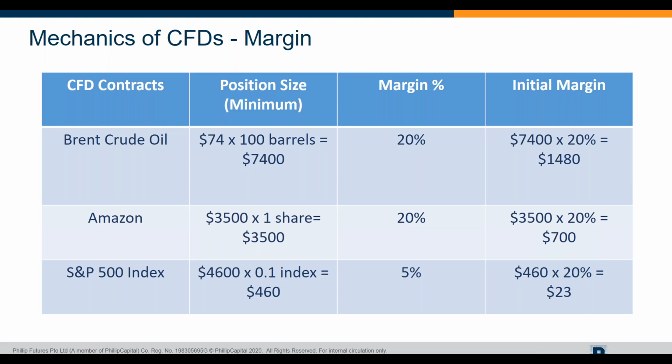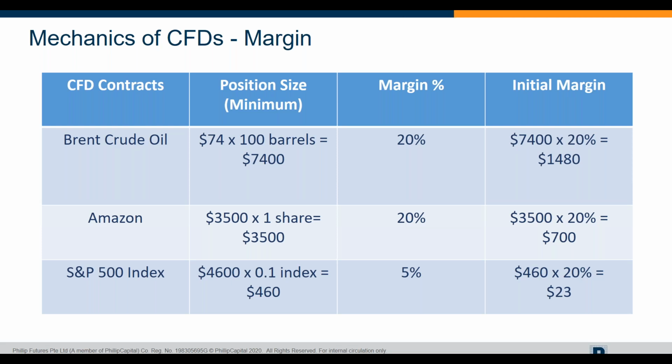But to start trading, we do not need an upfront payment of $7,400. All we need to put up front is only 20% of it. Taking 20% of 7,400, we get an initial margin of $1,480. So what you see here is that with a small amount of capital, you're able to leverage 5 times to open a position much larger than what your capital allows.